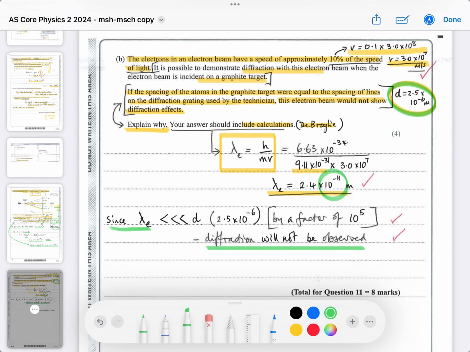Since lambda is much, much smaller than the grating spacing used in part A, by a factor of 10 to the 5, you will not get any diffraction. So you have to remember for diffraction, the wavelength must be approximately the same as the gaps.